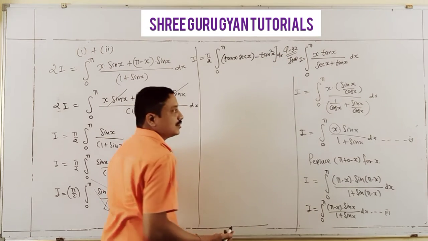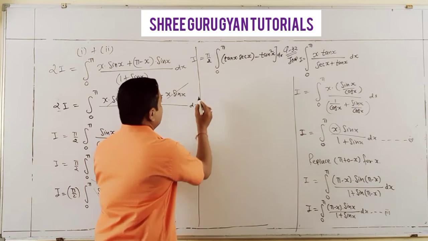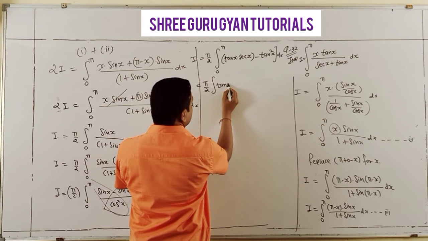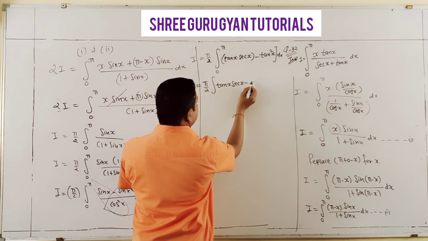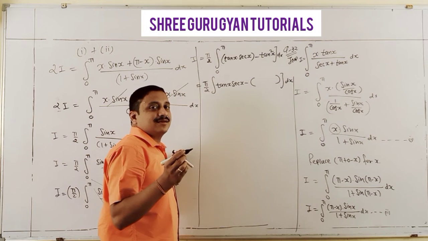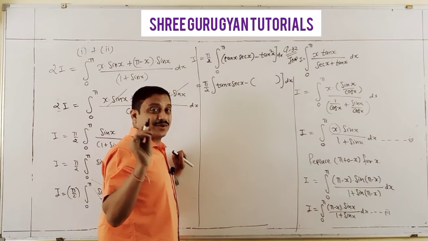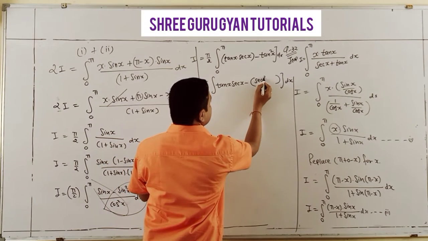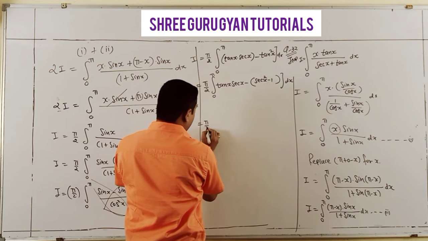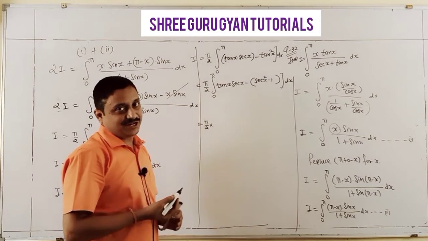Now I go to my solutions. So pi by 2 same running, here tan x into sec x, but what kind of value for tan square x? Yes, sec square x minus 1, and 0 to pi same. Now I can get my integrations.